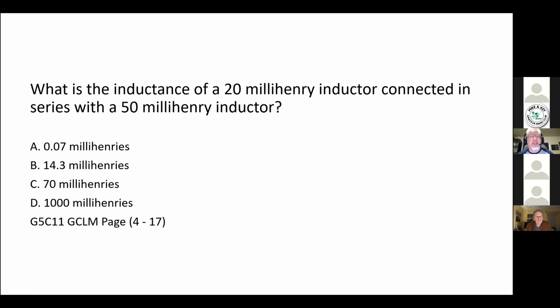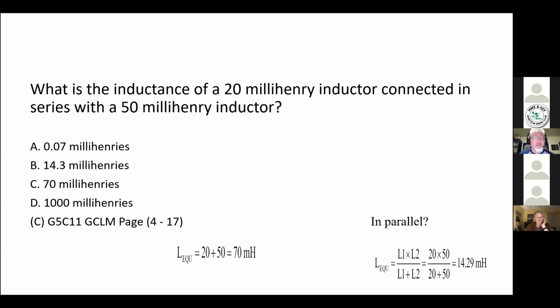What is the inductance of a 20 millihenry inductor connected in series with a 50 millihenry inductor? A, 0.07 millihenries, B, 14.3 millihenries, C, 70 millihenries, or D, 1000 millihenries?